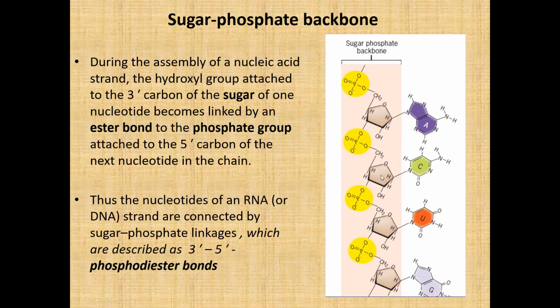Please remember that the sugar from the first nucleotide is attached to the sugar of the other nucleotide with the help of a phosphate group. That's why we call this kind of covalent bond a phosphodiester bond, because actually we have two bonds here. One bond between the first sugar and phosphate, and the second bond between this phosphate group and the second sugar molecule.